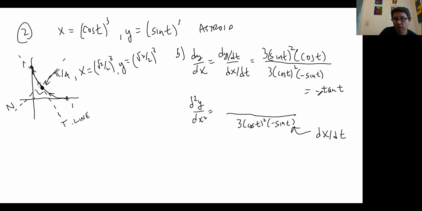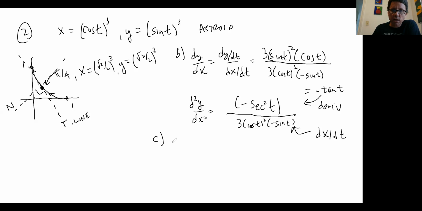The top is the derivative of the previous derivative. So you take the derivative of minus tangent, it's minus secant squared. You could have left it like that, or you could clean it up by combining things and moving things to the top, whatever you want. But that's the concavity equation.